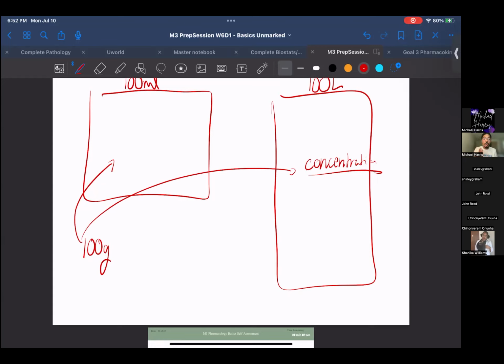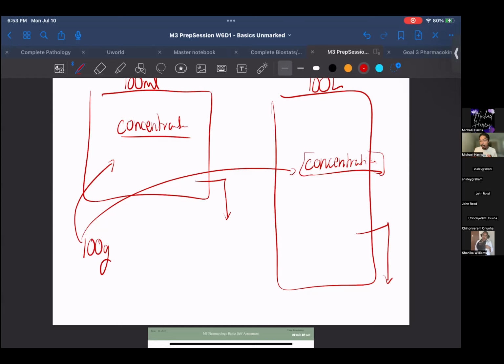But what's your goal with maintenance dose? Your goal is to keep whatever target concentration you want to be the same. So no matter how much it drains out, the actual concentration inside the vessel stays the same.